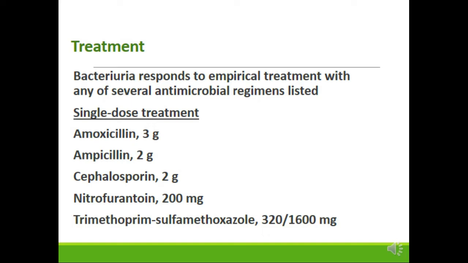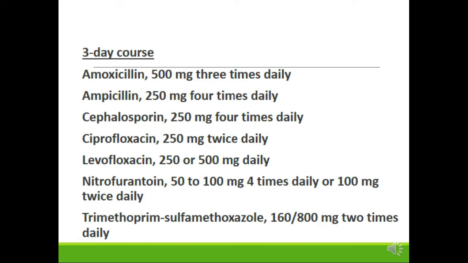This is a single dose regimen for asymptomatic bacteriuria. We also have a 3 day course of treatment: amoxicillin about 500 mg 3 times per day, ampicillin 250 mg 4 times per day, also cephalosporin, ciprofloxacin, levofloxacin, nitrofurantoin, and also trimethoprim and sulfamethoxazole.